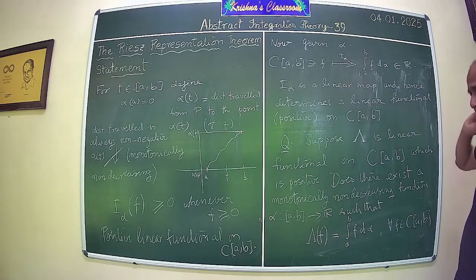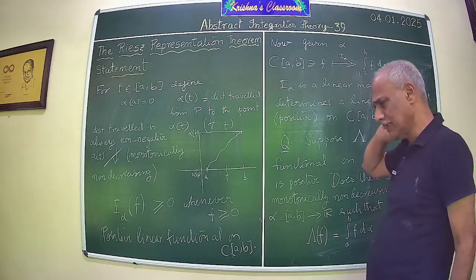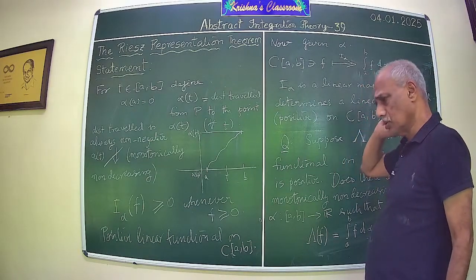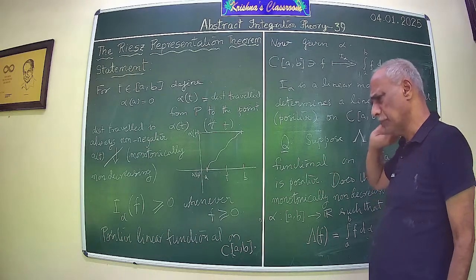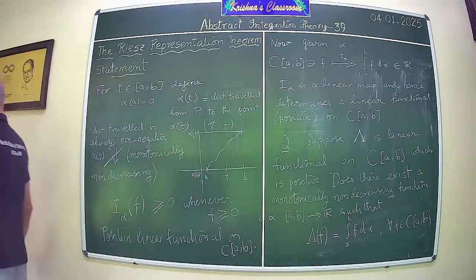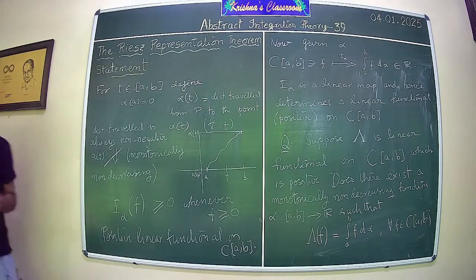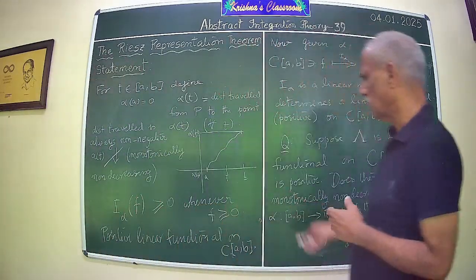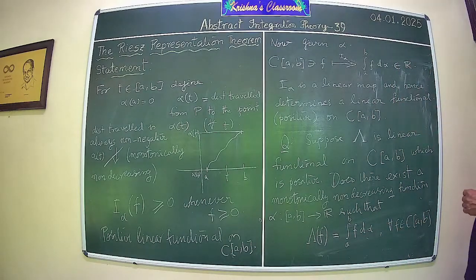You know that given alpha, it determines a linear function on C[a,b]. Conversely, suppose you have a non-negative or positive linear functional defined on C[a,b].